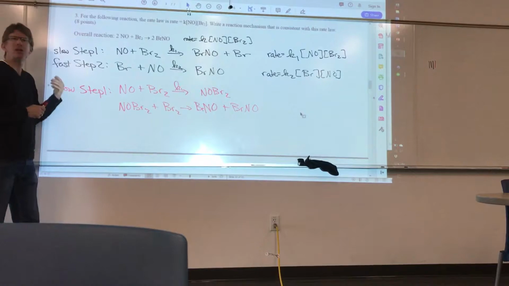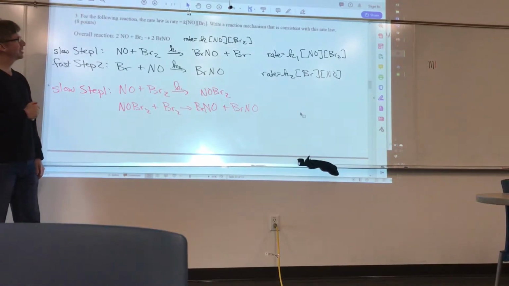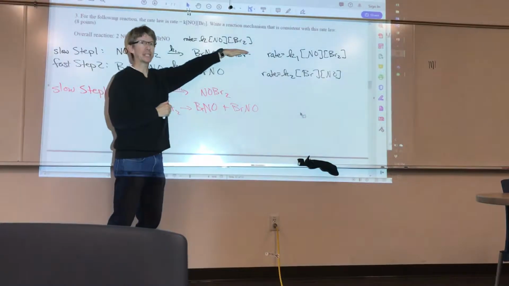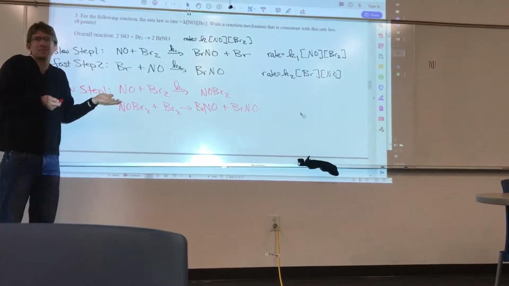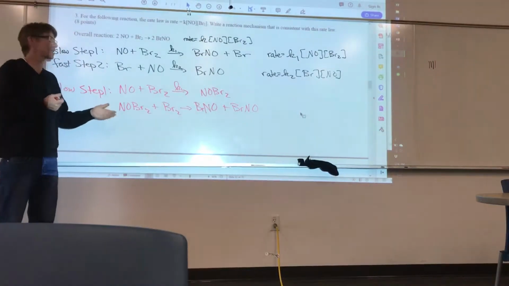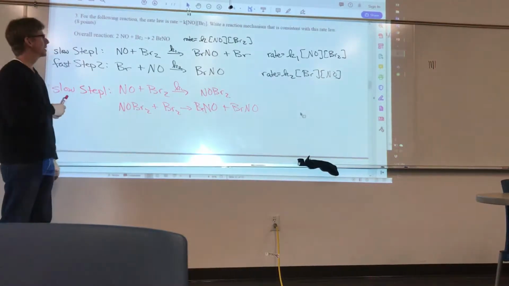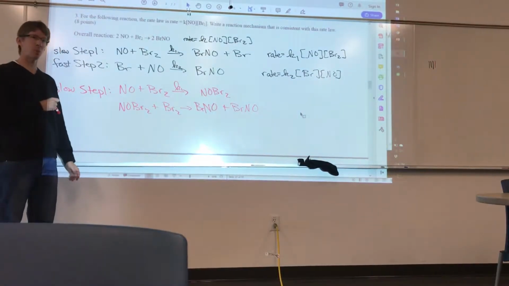If there are 3 things in the rate law, then it's probably a slow second step, because the first step can't have 3 things in it. No step can have 3 things as reactants. That is true. So there are hints, but I would say always assume that step 1 is slow and try that first.